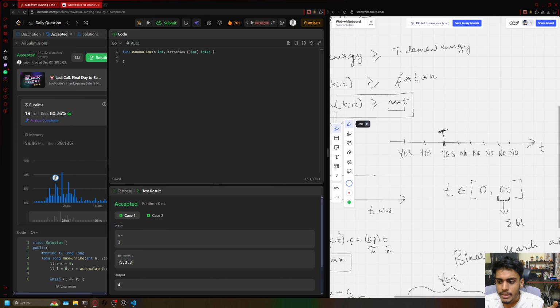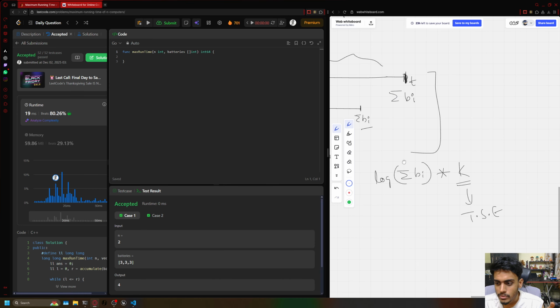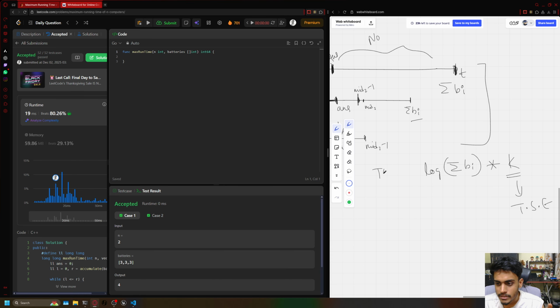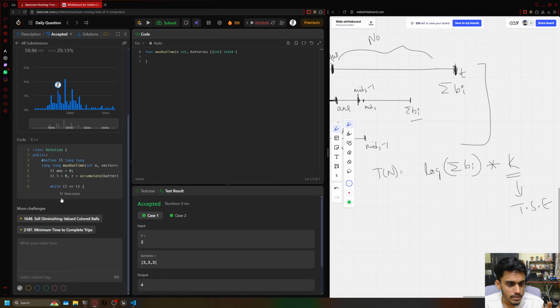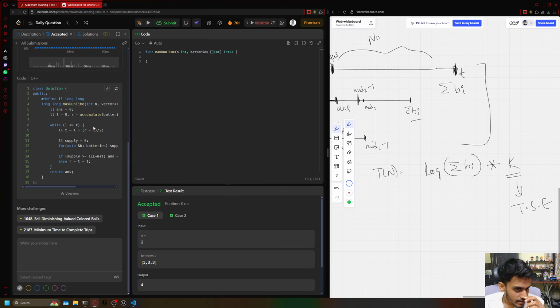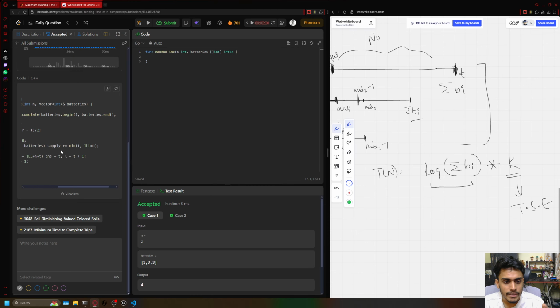Maybe before that I can discuss the time complexity. In the C++ code, I'm doing a binary search over my search space. My search space size is the summation of b of i. At every iteration in my binary search, I'm doing a traversal over the k batteries to calculate my supply energy.